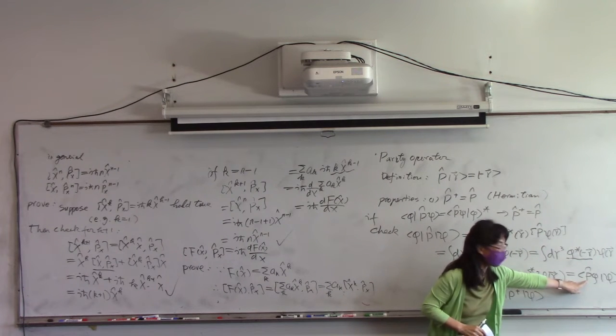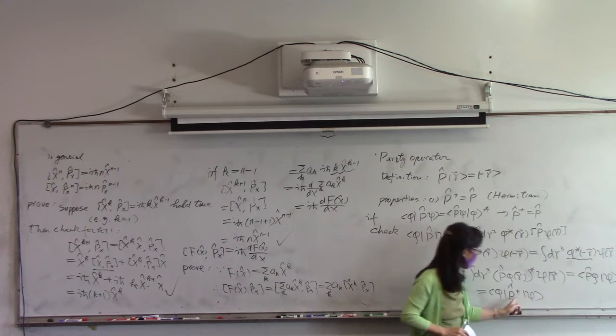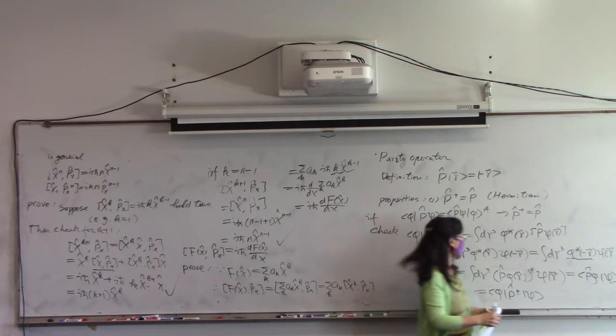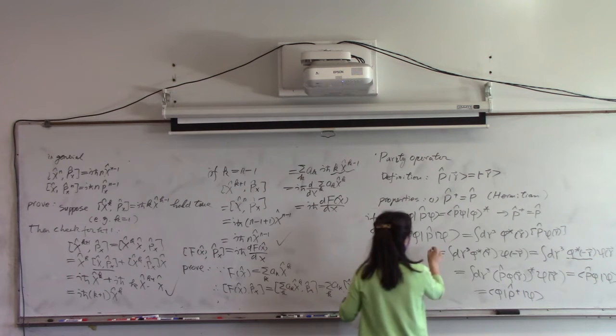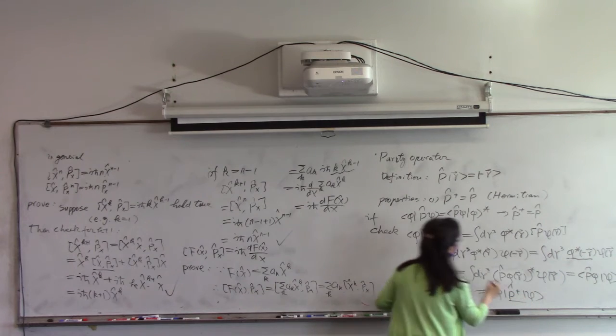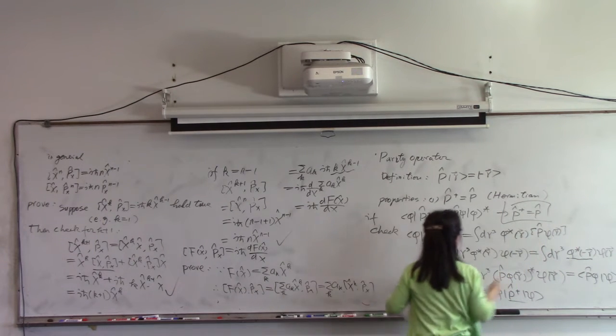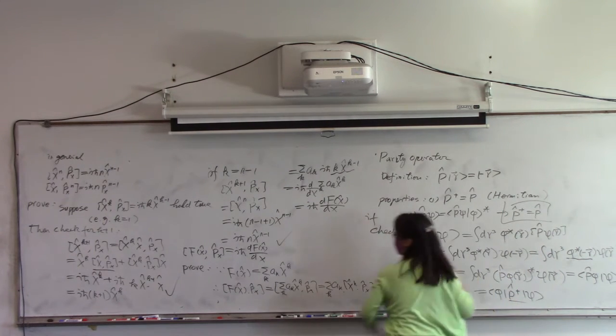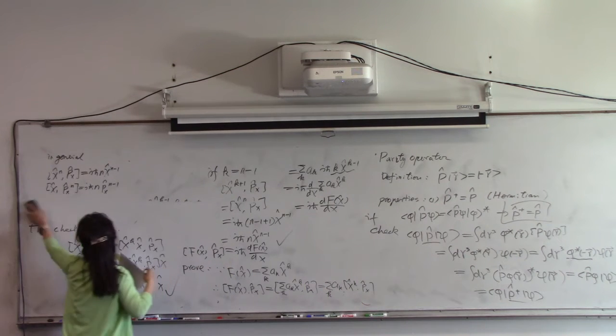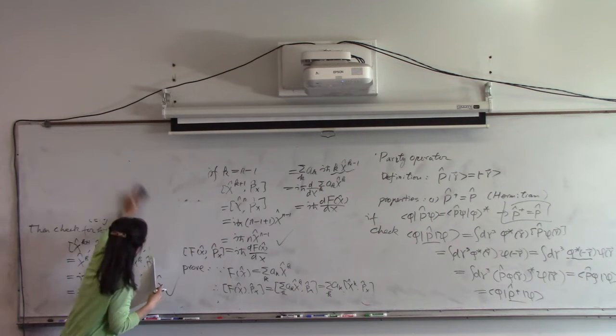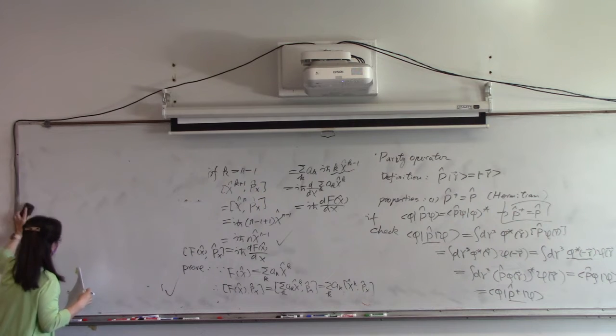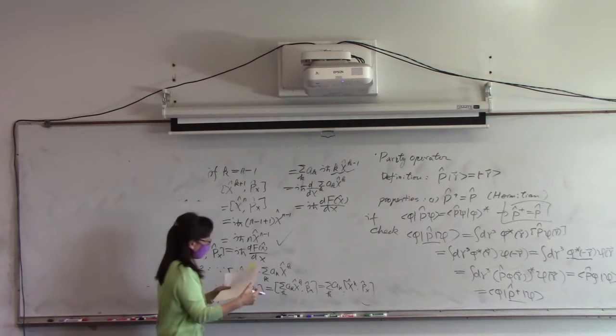If this operator is in the bracket, you take it outside and take the complex conjugate, right? So then you can see here, this one and this one, that is this. This is the first property.